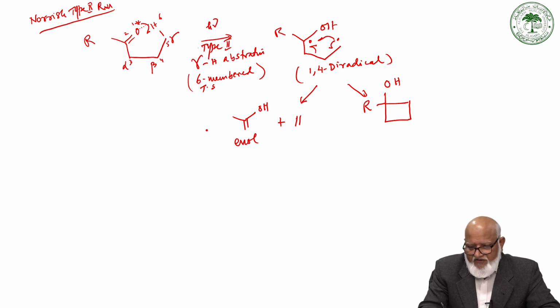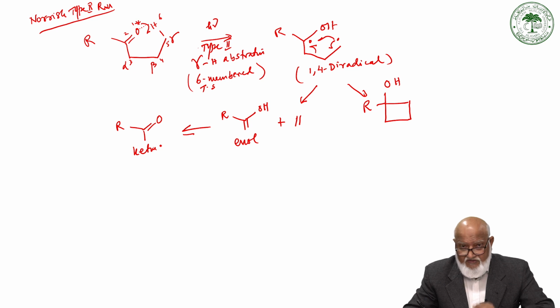And this will tautomerize to the more stable keto form. Of course, you have an R here, O and R. So this is the keto form.